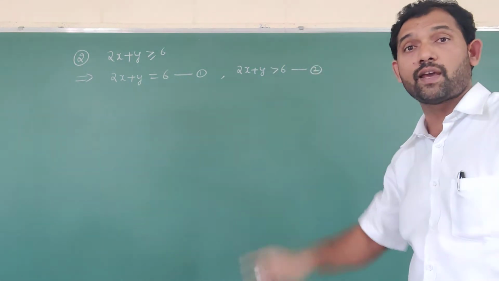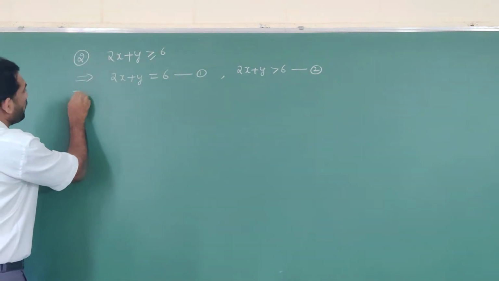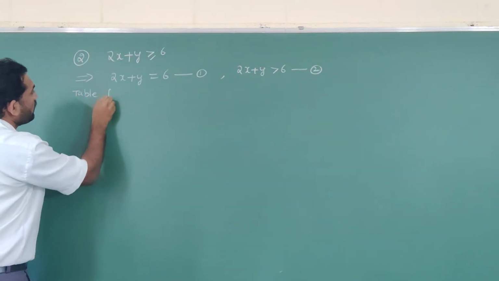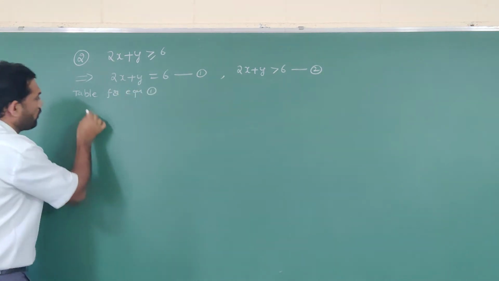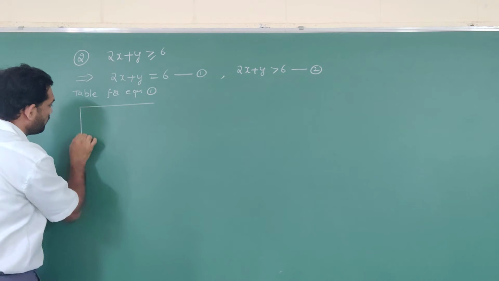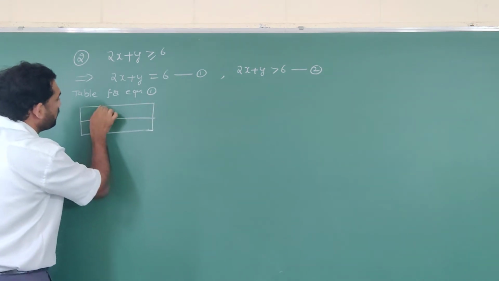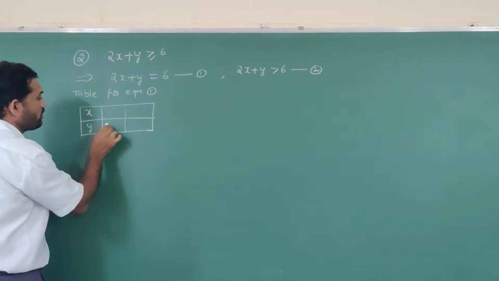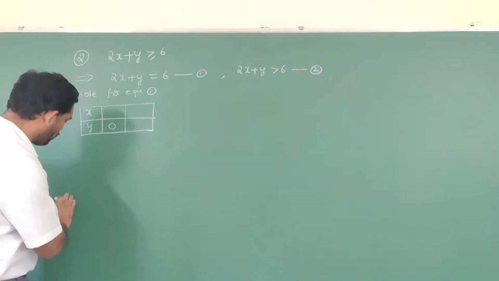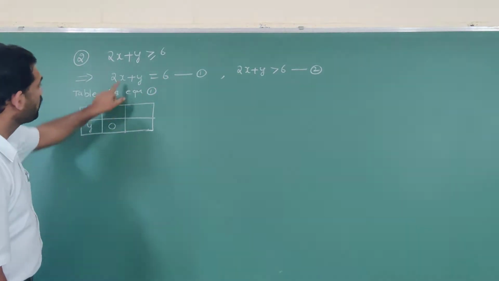Whenever an inequality is given, after that, draw the table for equation number 1 with x and y. First, y is equal to 0.